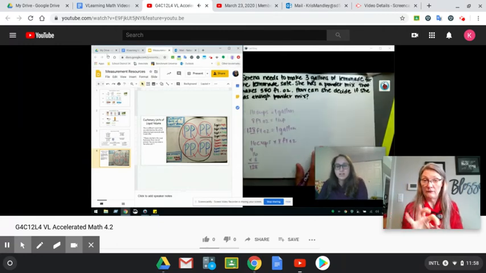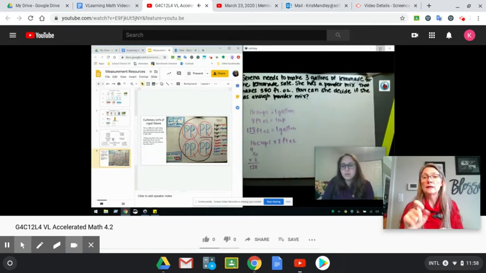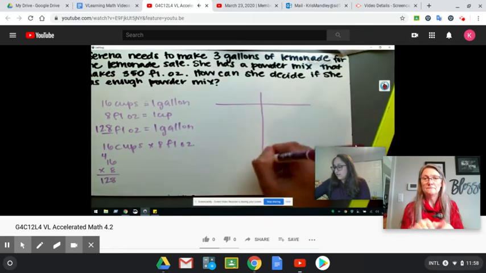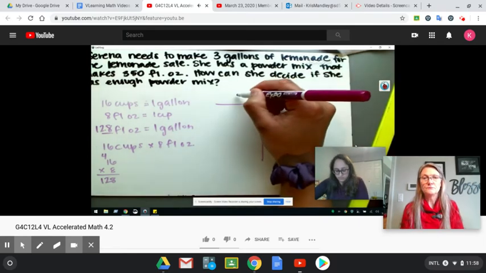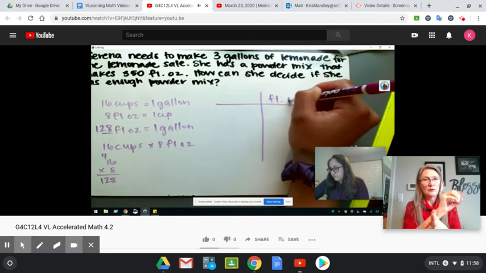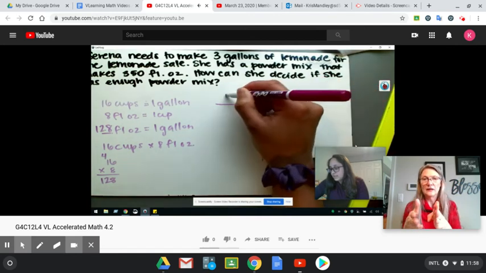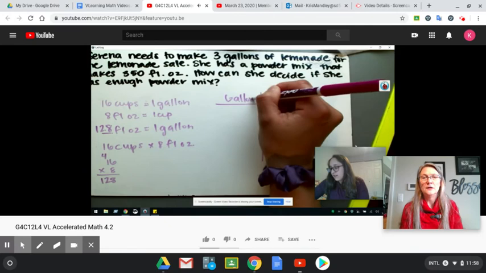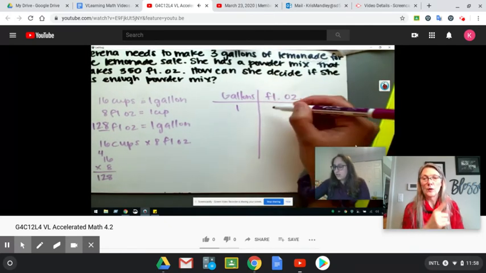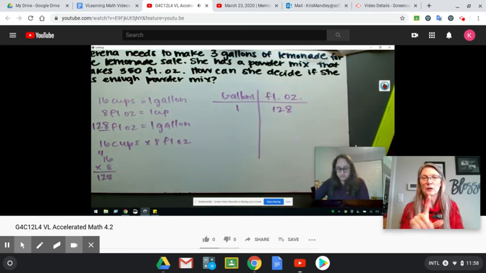So now let me start setting up my table. I'll probably put fluid ounces on one side and gallons on the other side. Now I know in 1 gallon, there's 128 fluid ounces.